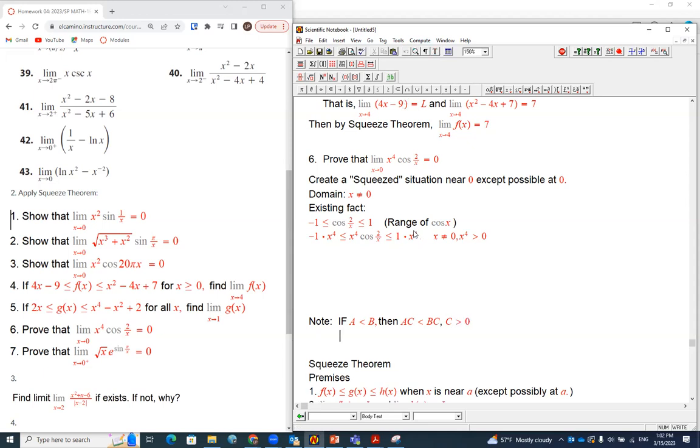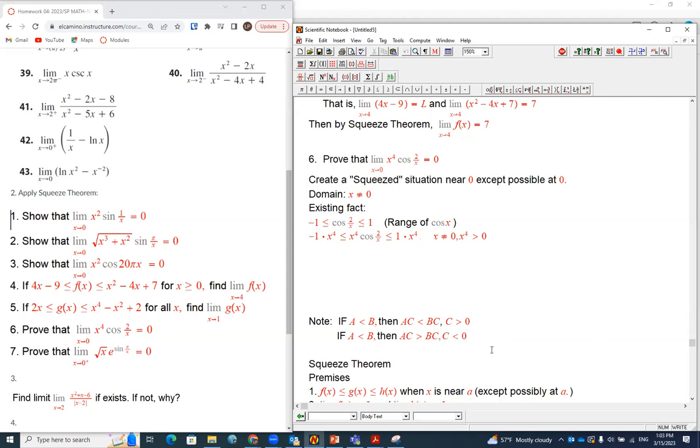If A is less than B, then A times C is larger than B times C if C is negative.